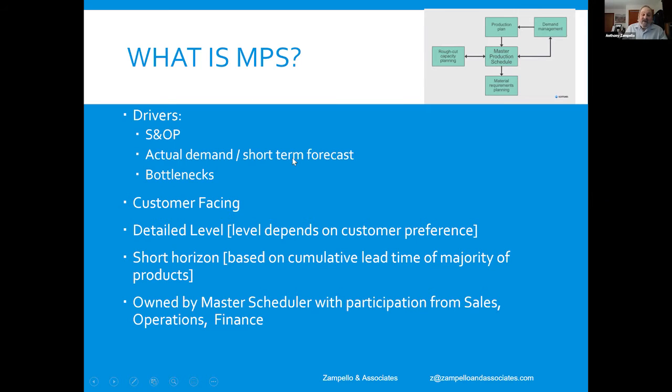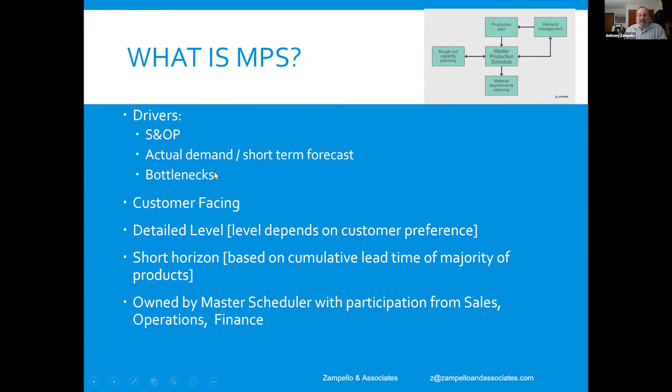So that's one of our drivers. We are also now down in the mix level. So we have actual demand on products that we're master scheduling. And we also have some forecast within those 3 months. Most of the time, if you're make to order, there might only be a short forecast towards the end of it. If you're make to stock, it's almost all forecast. So you have to deal with that.